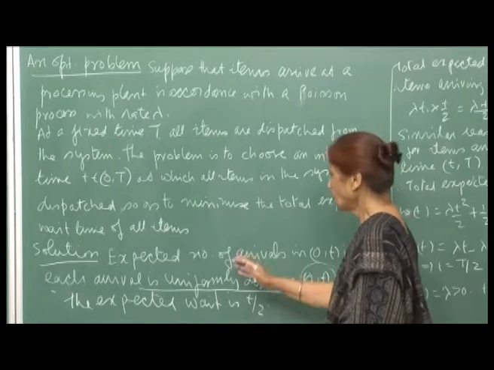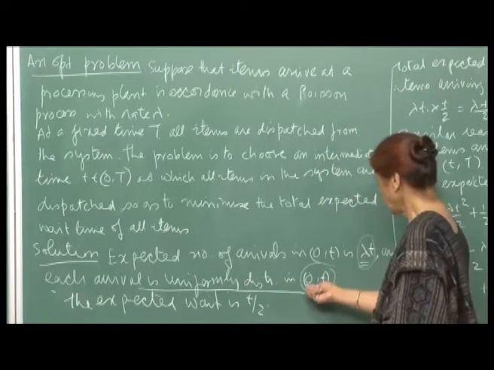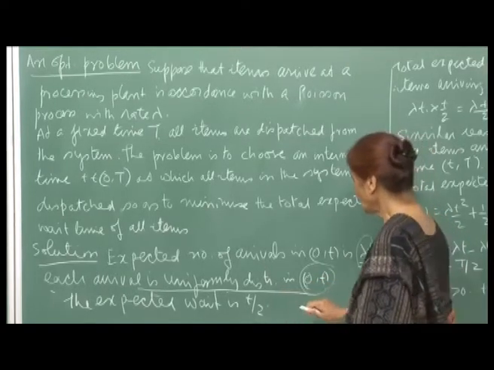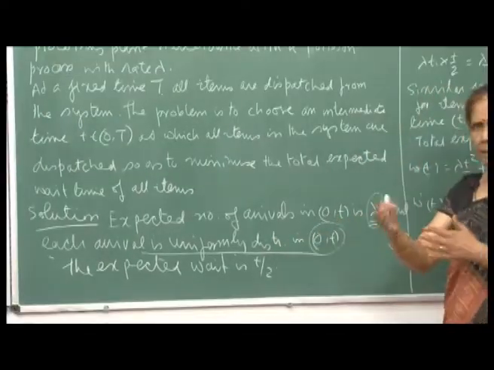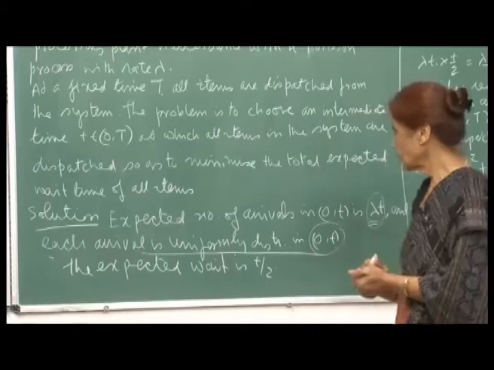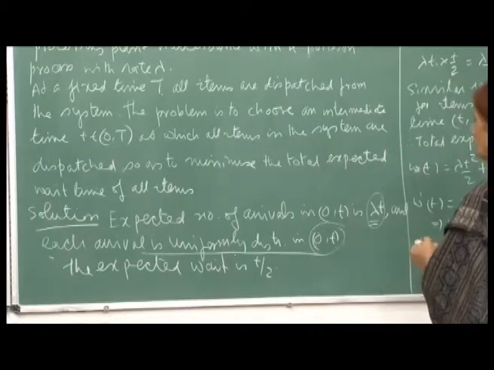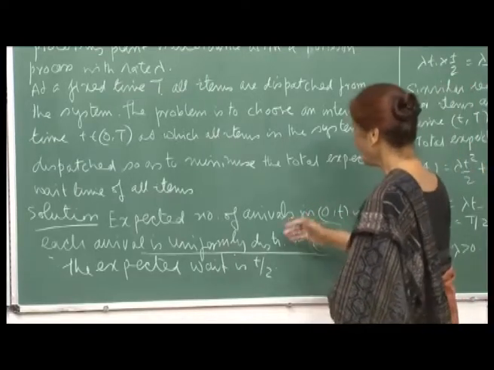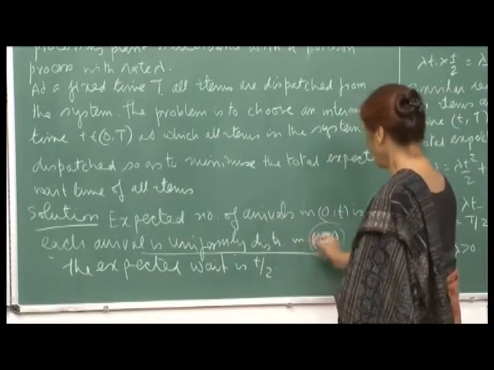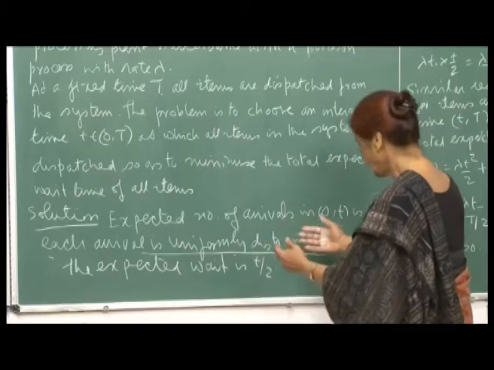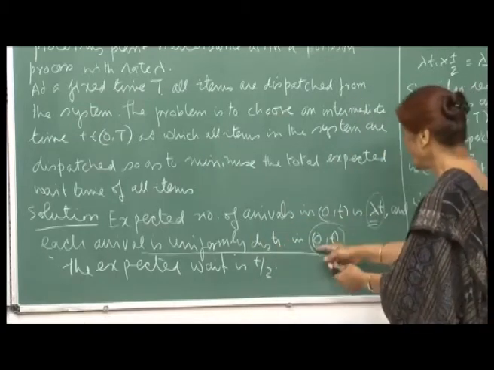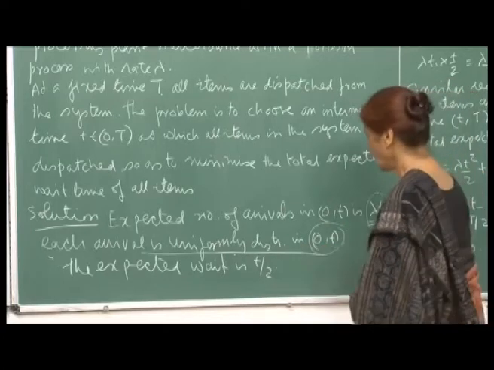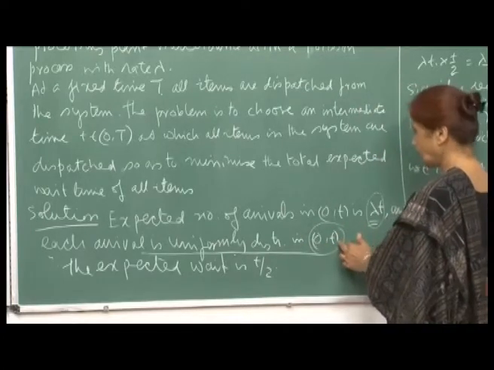All items which start getting processed from here till up to this have an expected wait time of t by 2. The arrivals of these items are distributed uniformly in the interval (0, t), so their expected wait time is t by 2, because they will be dispatched by the end of this time period.